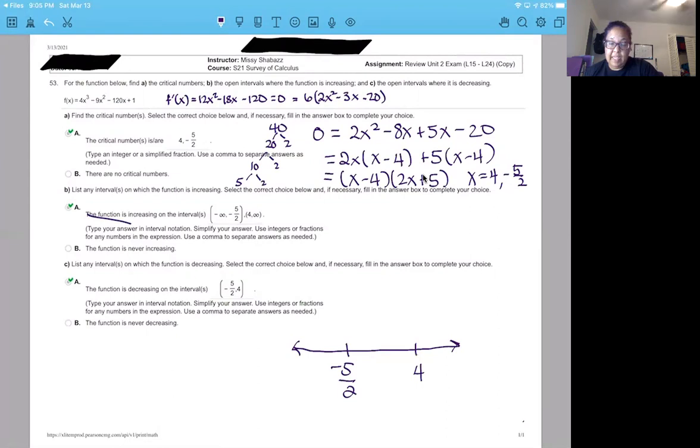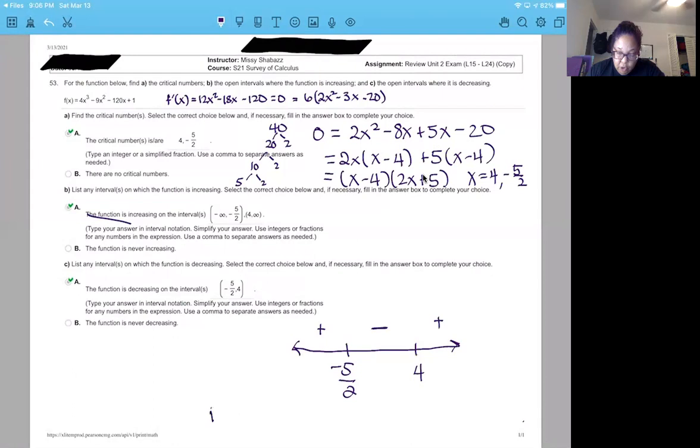If I plug in a negative 10, I'm going to get a negative number times a negative number, which gives me something positive. I'm going to plug in a number between negative 5/2 and 4. Let's say 0. I'm going to get a negative number times a positive number, which gives me something negative. And then lastly, I'm going to plug in something bigger than 4, let's say 5. I get a positive number times a positive number, so I get something positive.